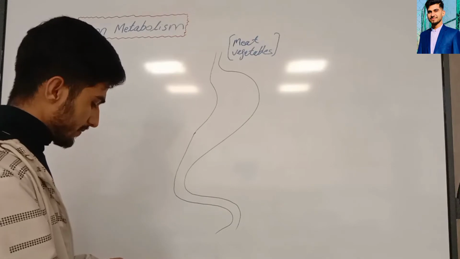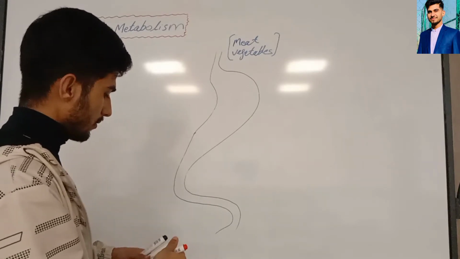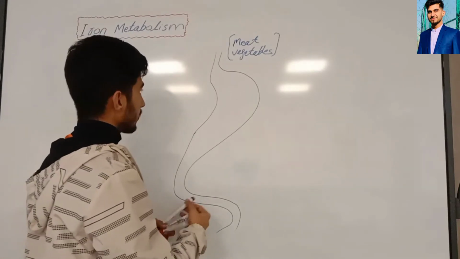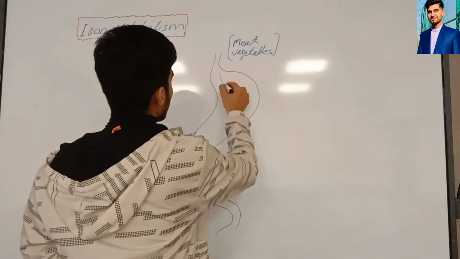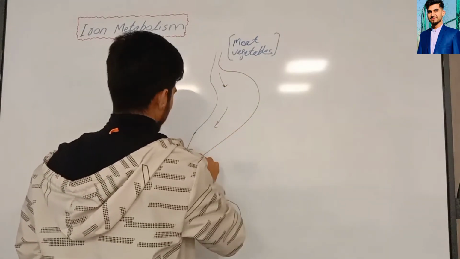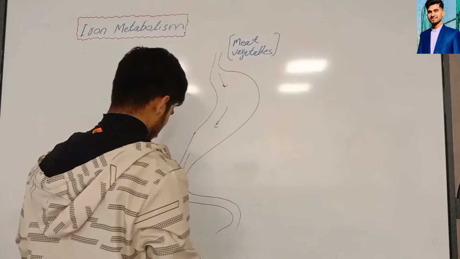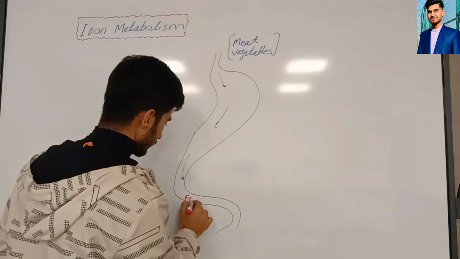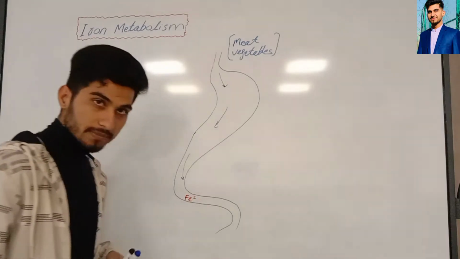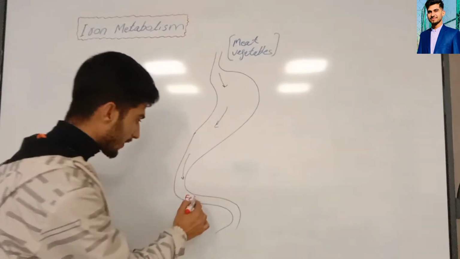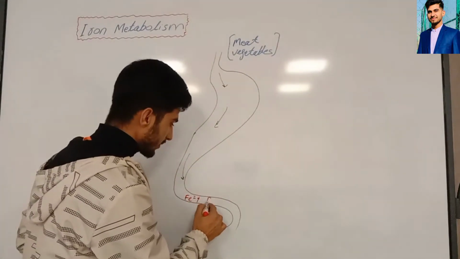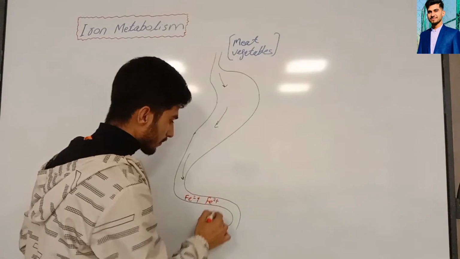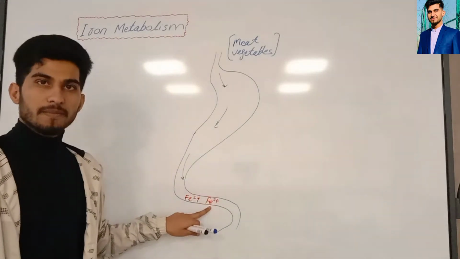So this iron will come into the duodenum in both forms. Ferrous form, this is the ferrous form, and this is the ferric form. Okay.